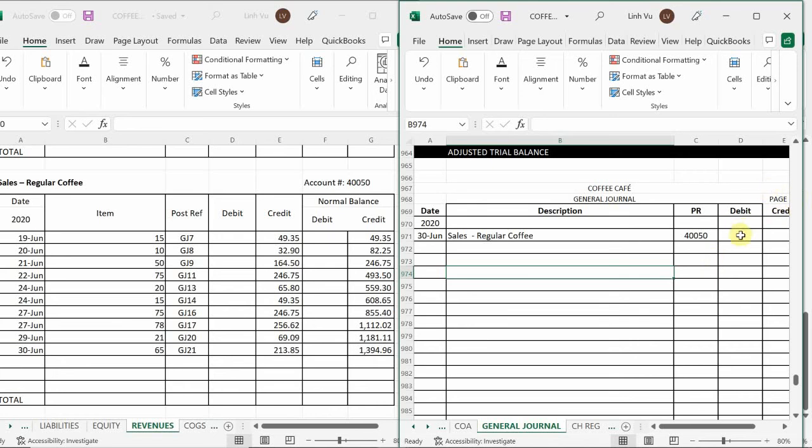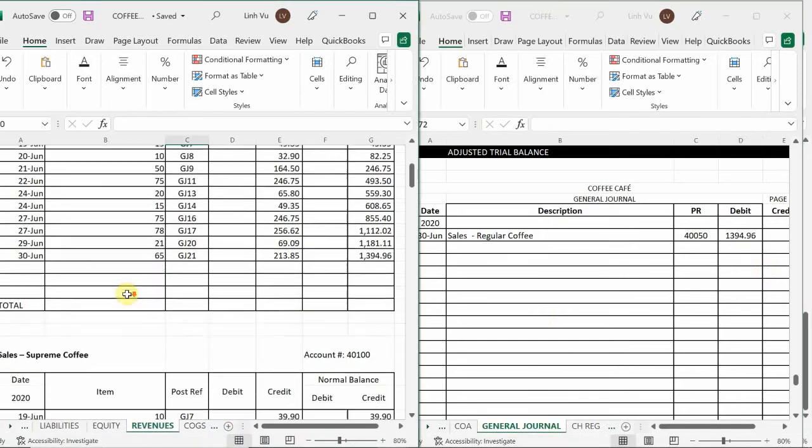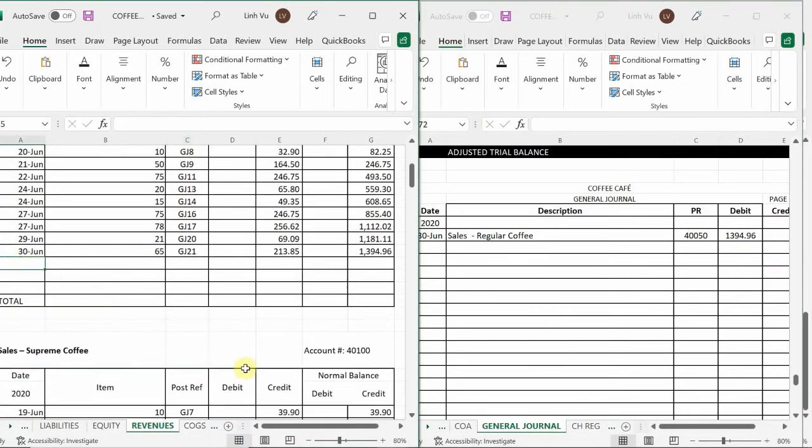So we have a debit balance that we need to put in here for the $1,394.96. That's how much my sales for the regular coffee is. And because I'm debiting out, I can go ahead and just close it out directly right here.